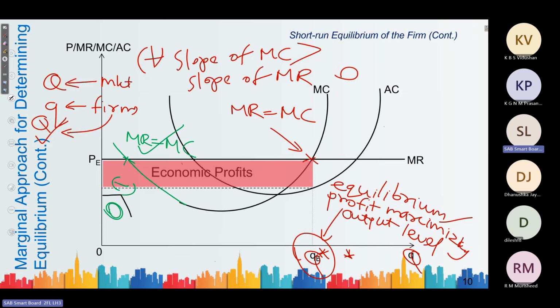Therefore, the second condition is not satisfied there. As a result, this output level is not the profit maximizing output level. Okay, that is about profit maximization in the marginal approach. I'm repeating it because we will follow this approach in perfect competition.